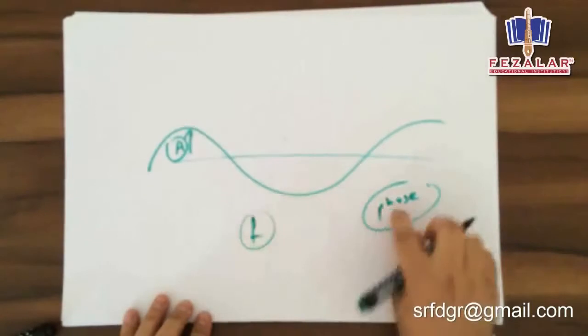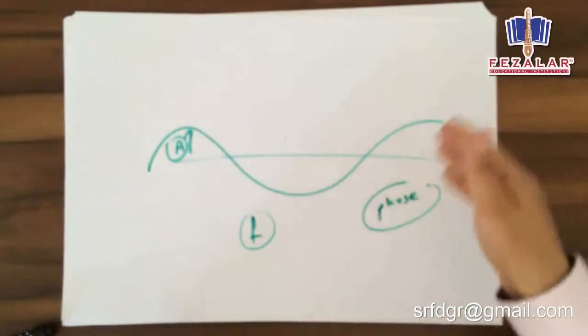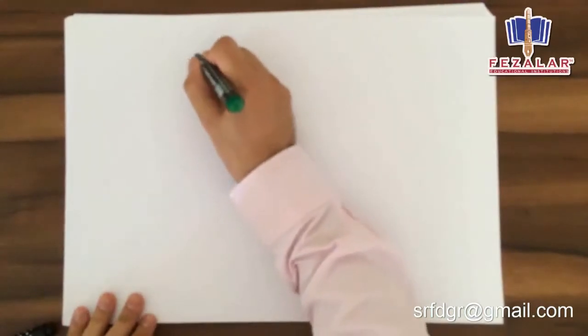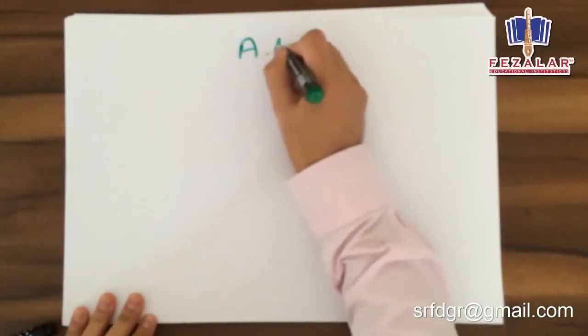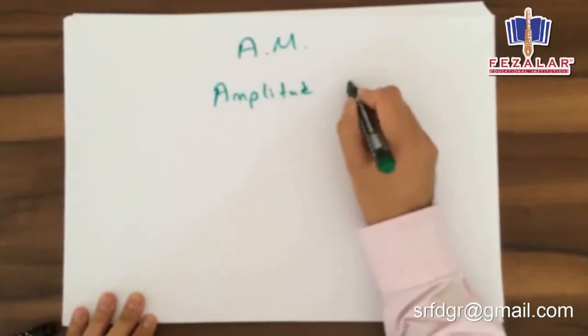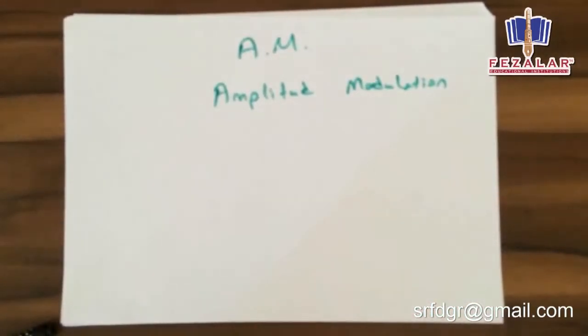When one of these quantities is changed, these three methods are, the first one is AM, meaning amplitude modulation.